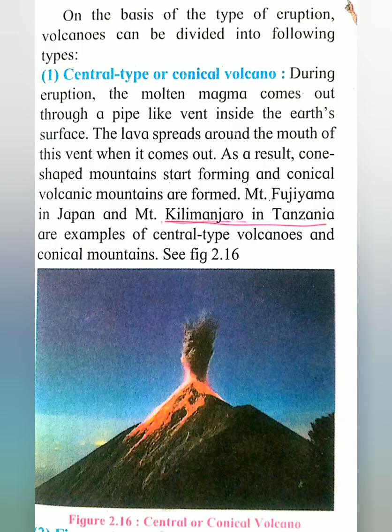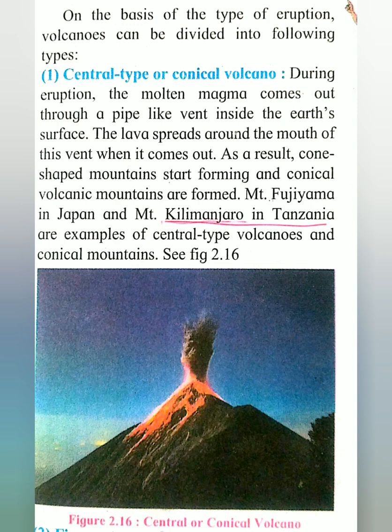On the basis of the type of eruption, volcanoes can be divided into the following types. Number one, conical type volcano or central type of volcano. During eruption, the molten magma comes out through a pipe-like vent inside the Earth's surface.